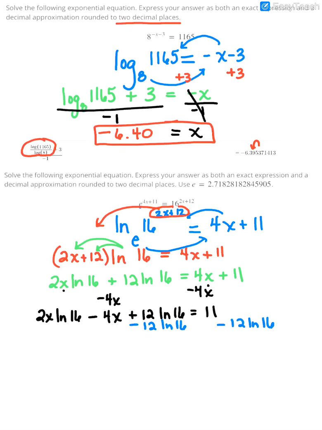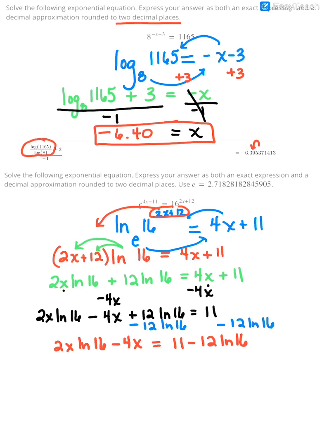So at this particular point, we have our 2x times the natural log of 16 minus the 4x. And then we have an 11 minus a 12 times the natural log of 16.